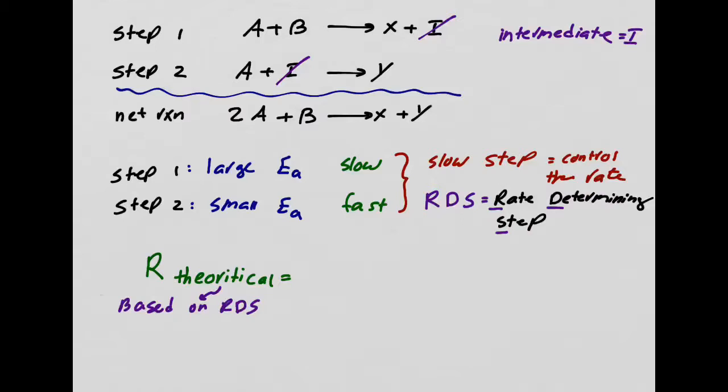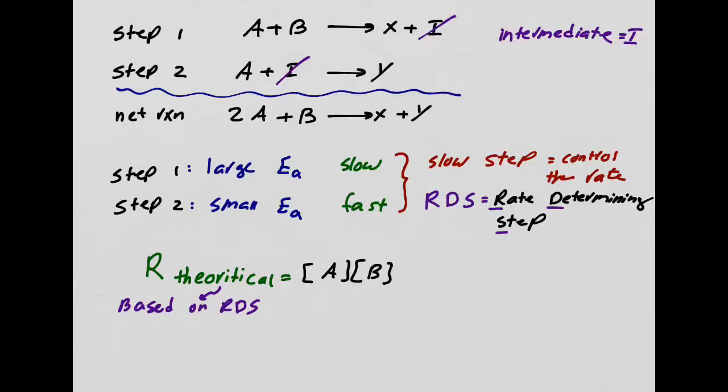Now, my slow step is step 1. Step 1 is my slow step. So my rate law is going to be the concentration of A times the concentration of B. I don't want to lose you.